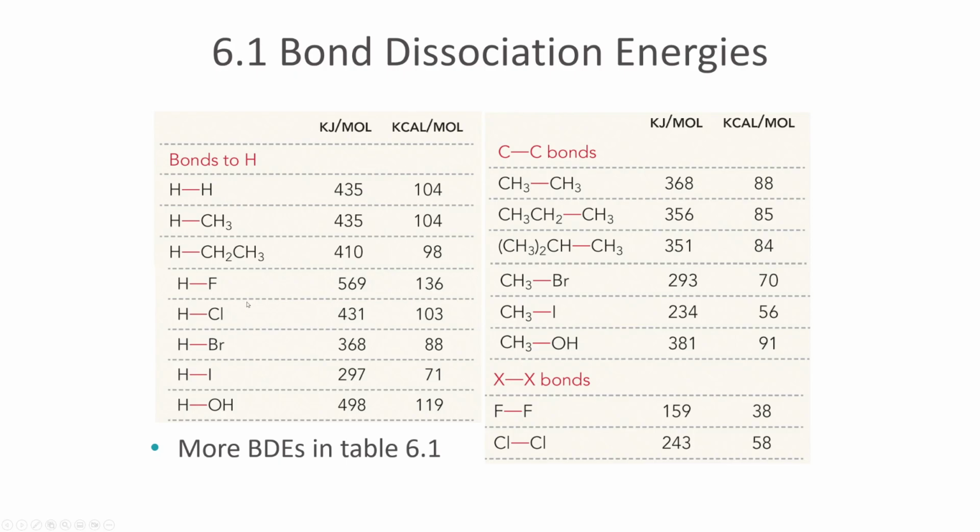But you can see this in the pattern with the haloalkanes here. Fluorine is smaller than chlorine, which is smaller than bromine, which is smaller than iodine. And so here, the length of the bond is what's dominating because they're all bonded to hydrogen. So as the bond gets longer and longer, it gets easier to break. And I like to think of that as like a piece of wood. If it's a long piece of wood, you can karate chop it very easy.